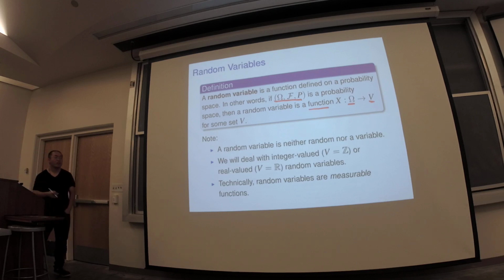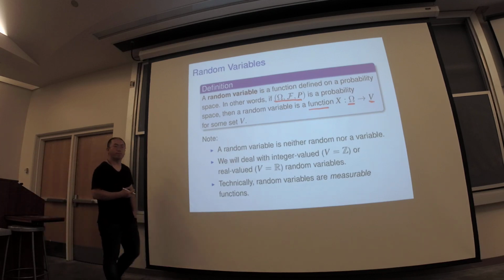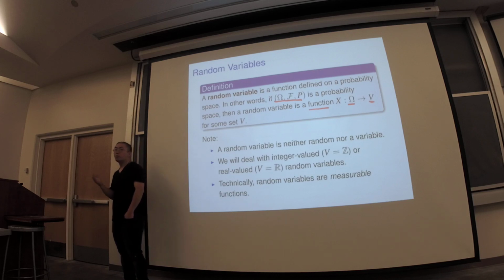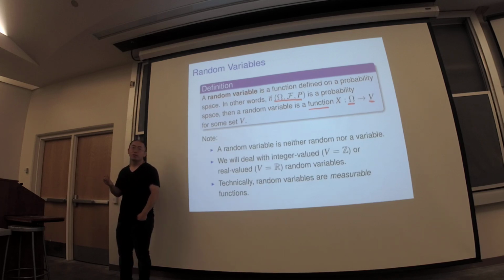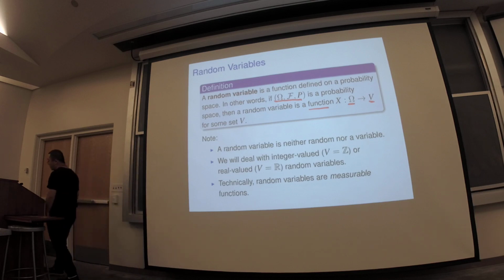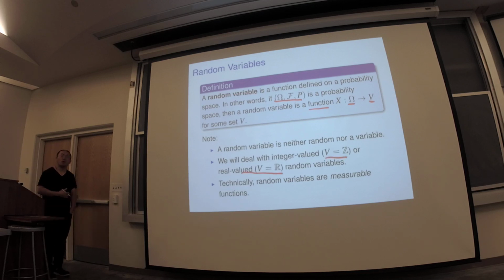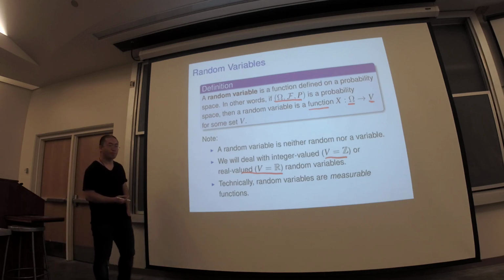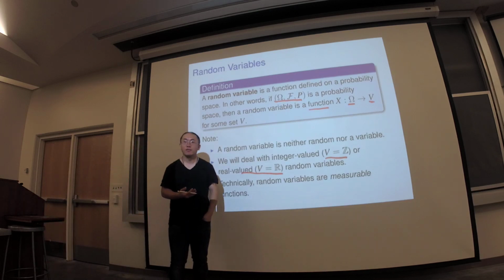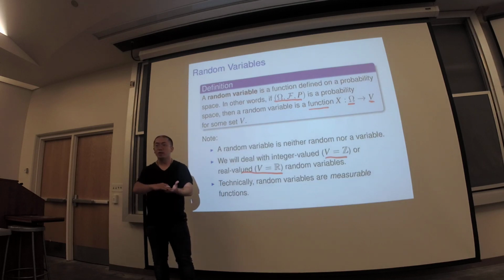And what set V do we usually choose? Numerical values, or numbers. You can choose V to be all real values, or integer values. So why do we define random variables? Because if you do not define random variables, you have to deal with those probability structures with sets, and sets are really inconvenient.